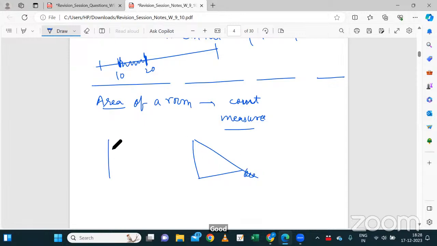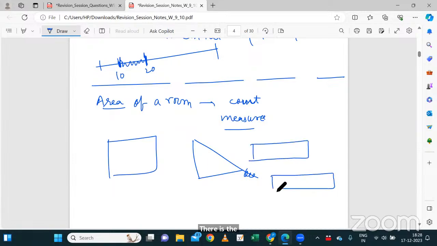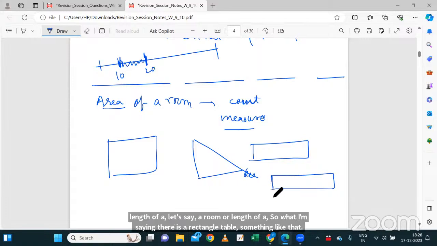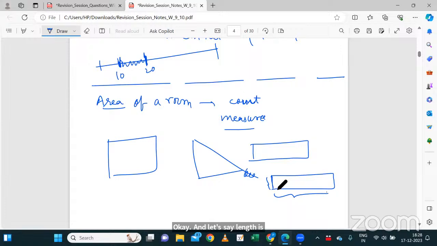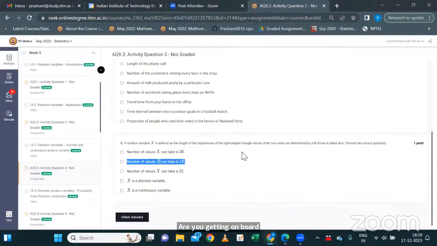Suppose I'm saying the length of a room or a rectangular table, with length some centimeters and breadth some centimeters. Then what is the area? Are you getting my point? Yes, sir. I think this should be clearly mentioned.